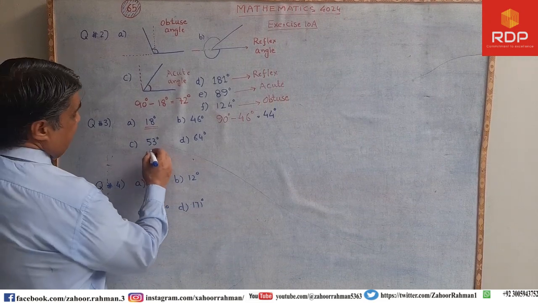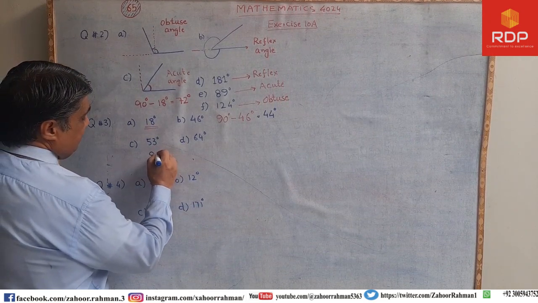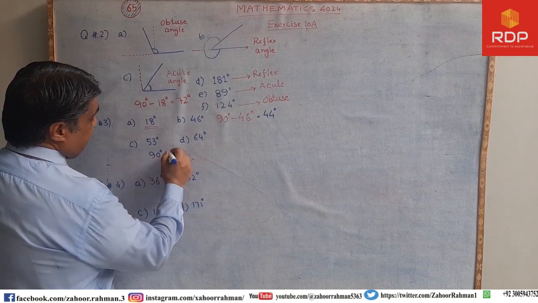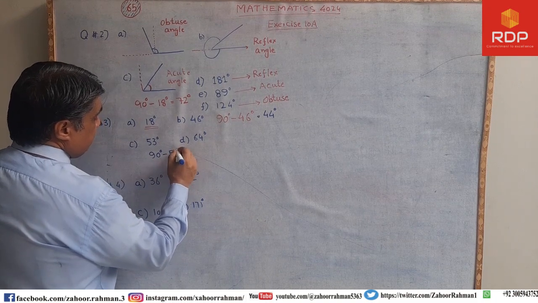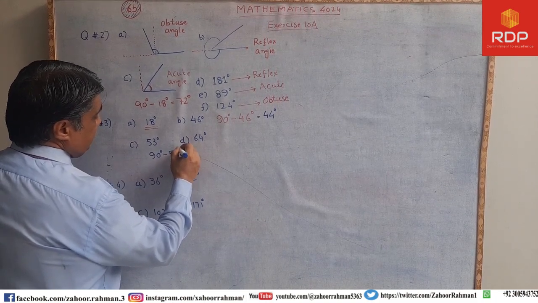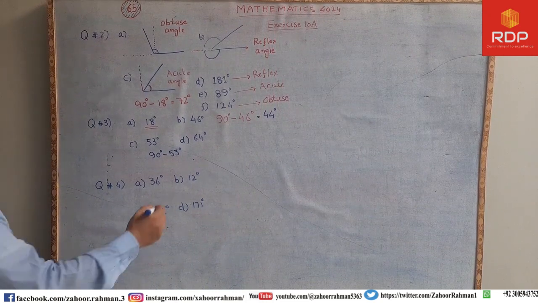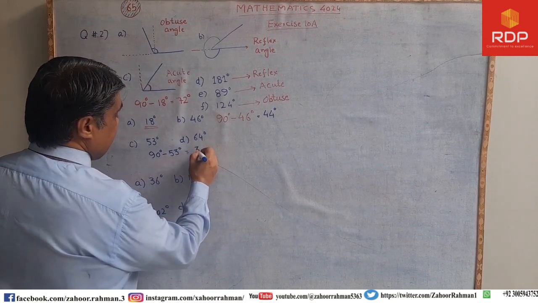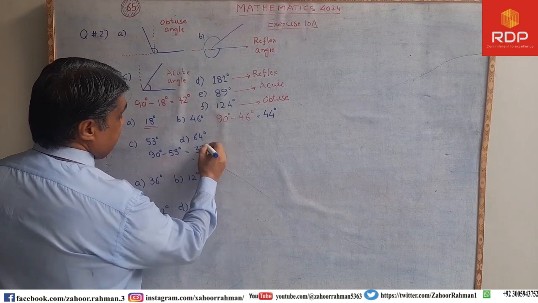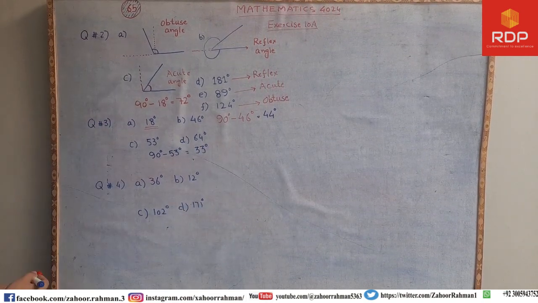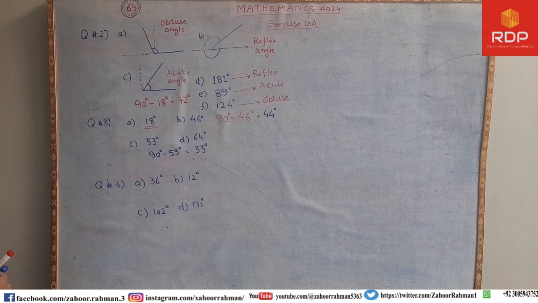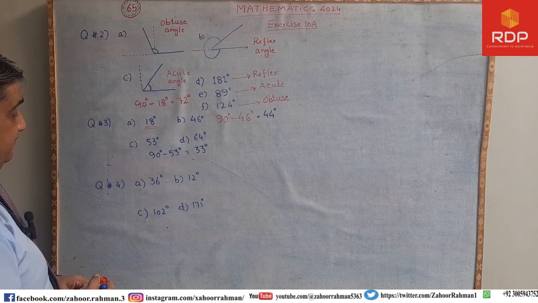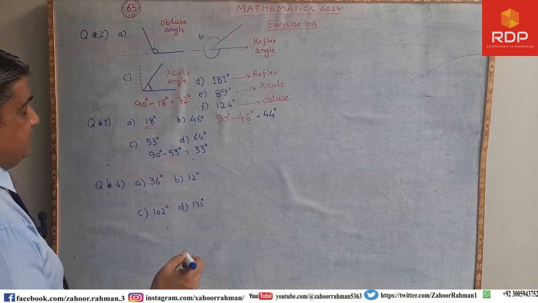Similarly, we have 53. So from 90, if we subtract 53, we will have 37 as the answer. So the complementary angle of 53 is 37.